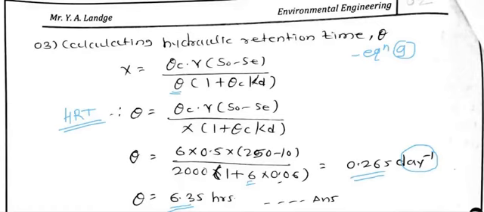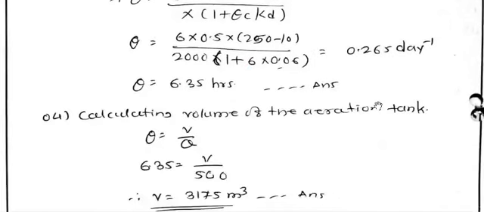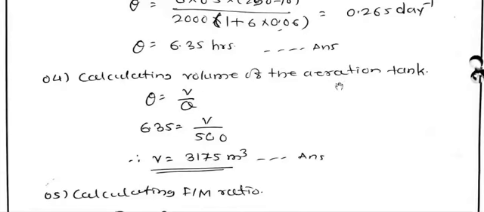The next thing mentioned here to calculate is the volume of the aeration tank. Now, is it possible to calculate the volume? It is easy because we have the formula: theta is nothing but V by Q, the volume of the aeration tank over the flow rate of the wastewater.